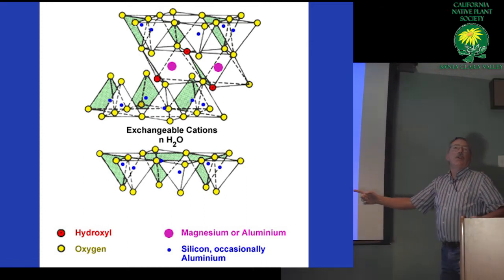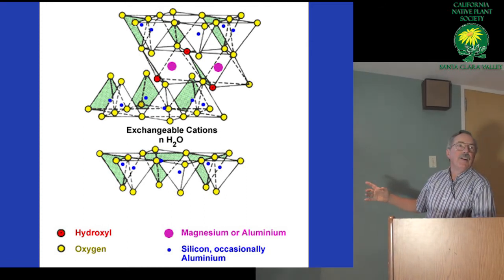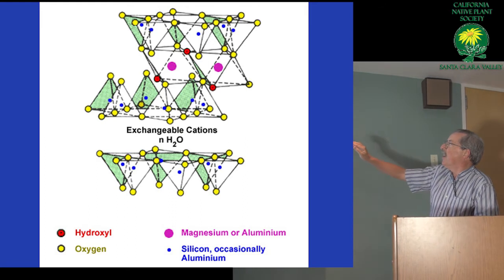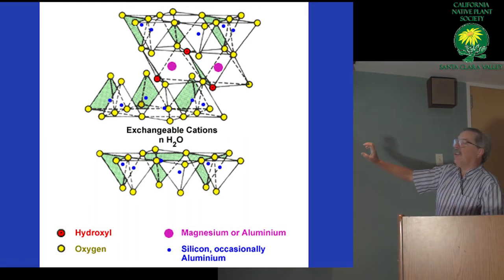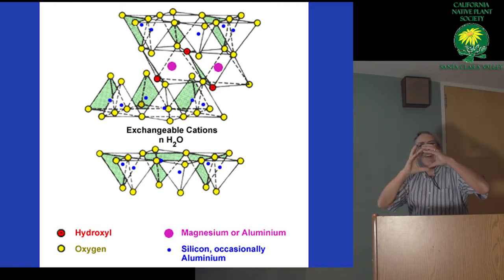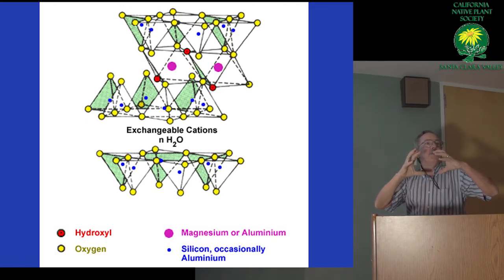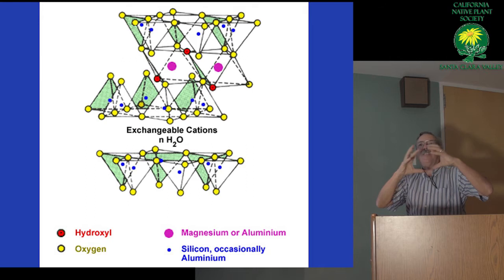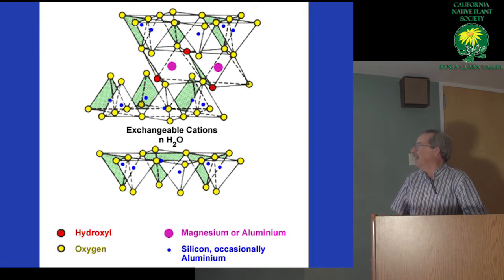That's why sandy soils tend to be poor areas for plants. A little bit of clay is good. Too much clay, of course, you end up with it being too fine-grained and the water doesn't move. It kind of closes off the water flow and the oxygen which the plants need.